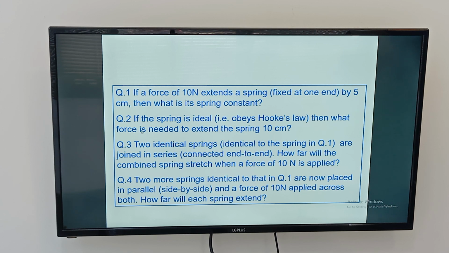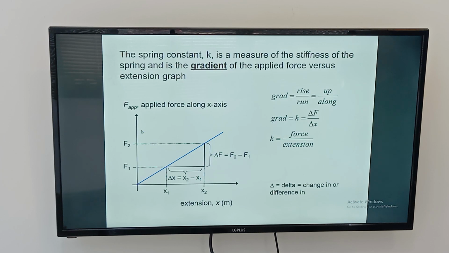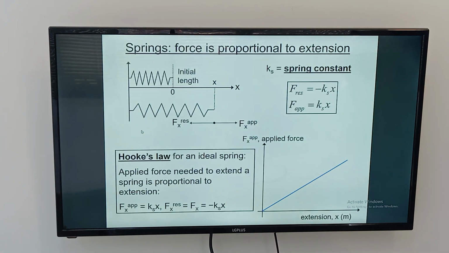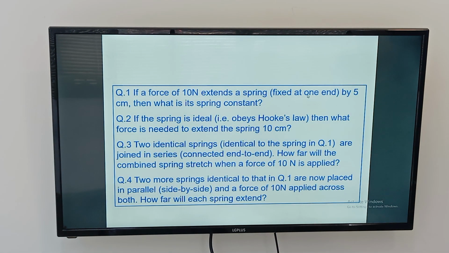If the spring is ideal, it obeys Hooke's law. We can go back to look at Hooke's law, which is this one. What force is needed to extend the spring by 10 centimeters? Let's assume the spring is ideal. And then we have the extension.